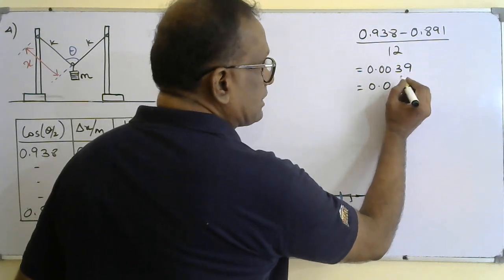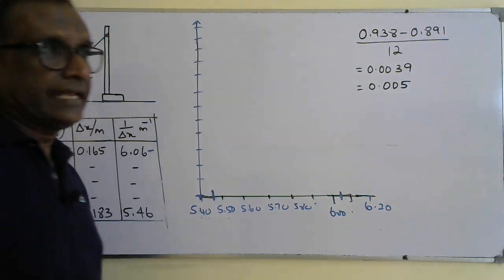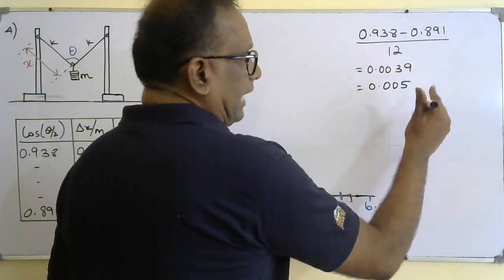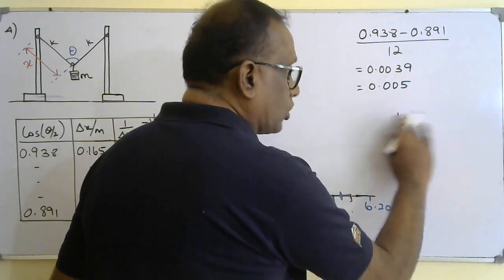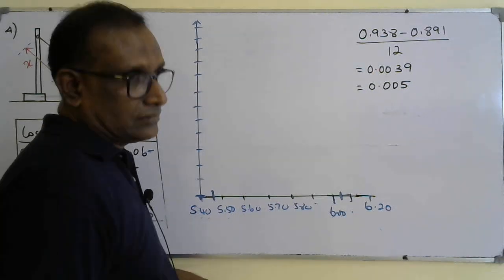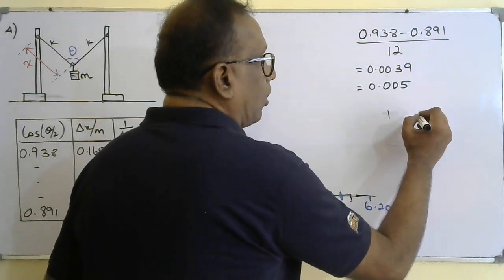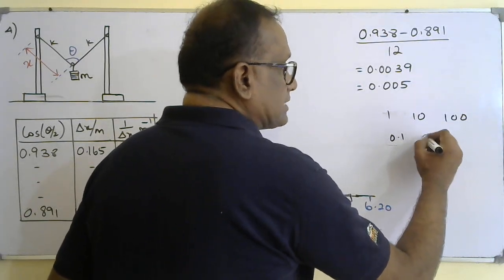But I can take this as 0.0... Is it possible to take 0.005? Is it possible to take? We'll try another, because of the closest value. Normally I told that the intervals we take are either 1, 2, or 5 in their order, not 3. 1 means it could be 1 or 10 or 100 or 0.1 or 0.01.